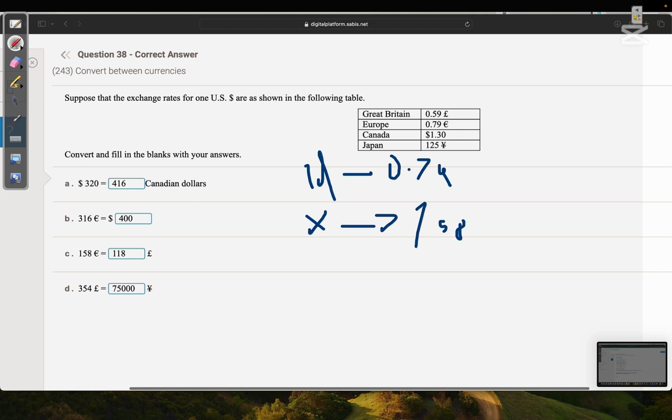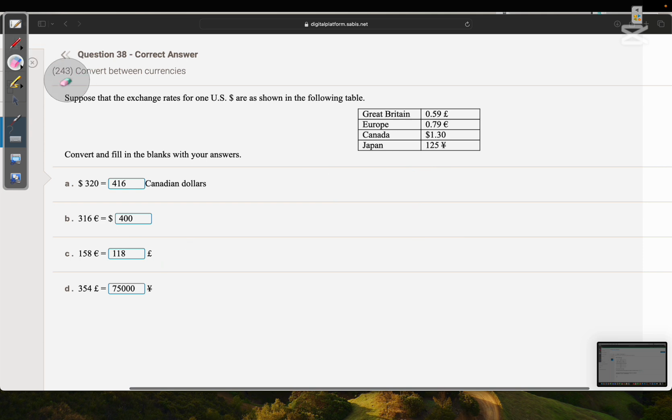So we do 158 divided by 0.79, which will give us $200. But here they want it in pounds, British pounds. So 1 to 0.59 is equal to 200 to x. So we do 0.59 times 200, which will give us 118.